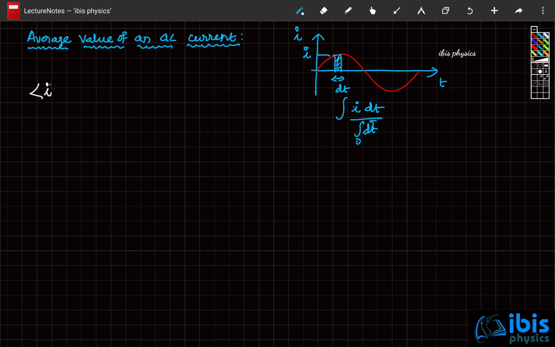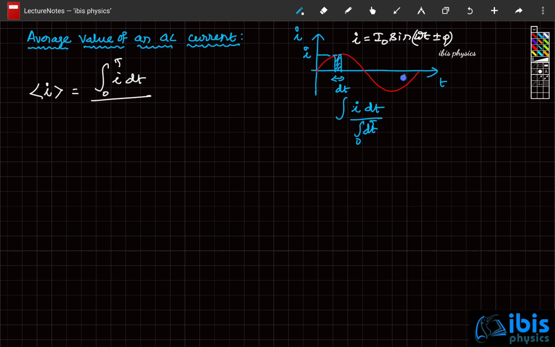So for the average value of AC current, suppose the current I is equal to I naught sine omega t plus or minus phi, anything, it still means the same thing. So it is the integral of I dt from 0 to one full cycle.